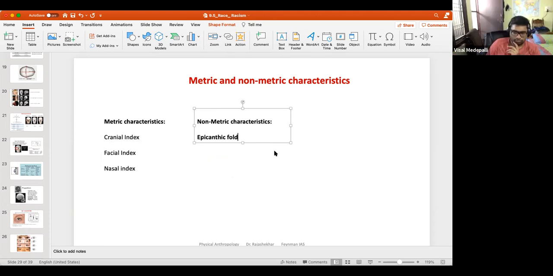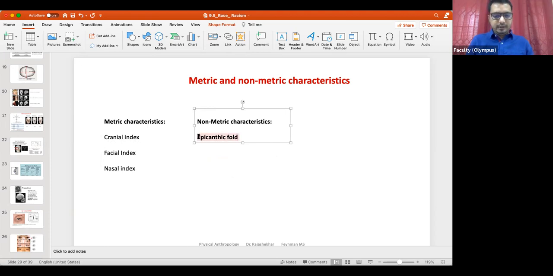Although technology makes it possible today to measure some of these, in general, skin color, lighter or darker, and hair texture are non-metric. Also dermatoglyphics, or fingerprints.